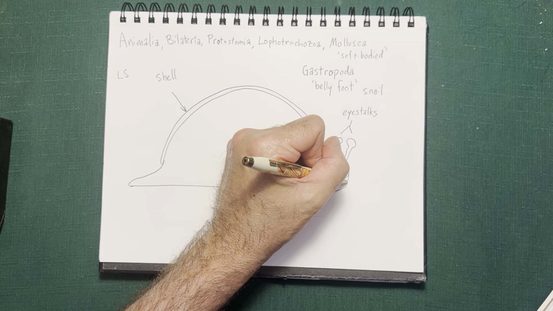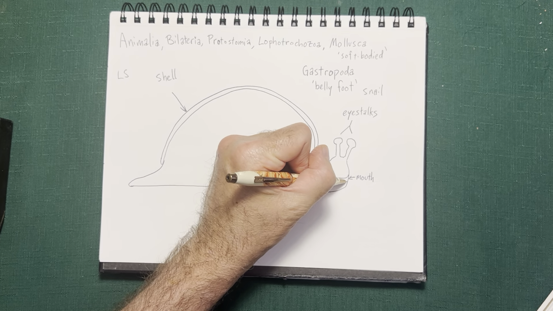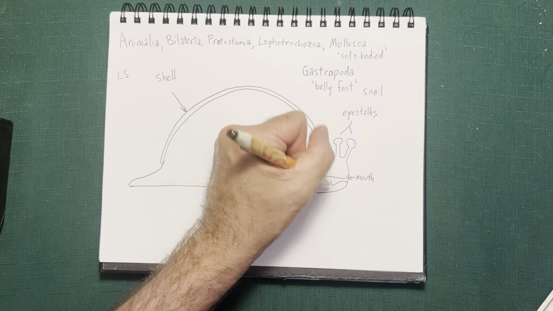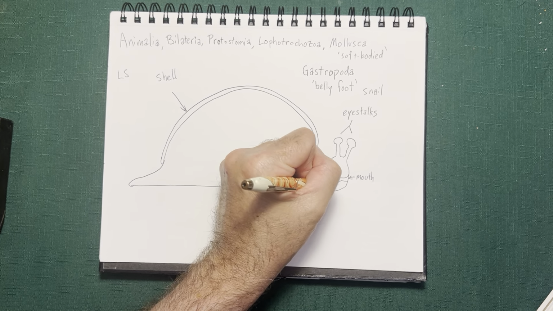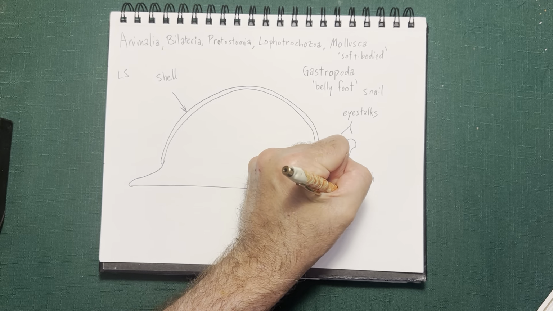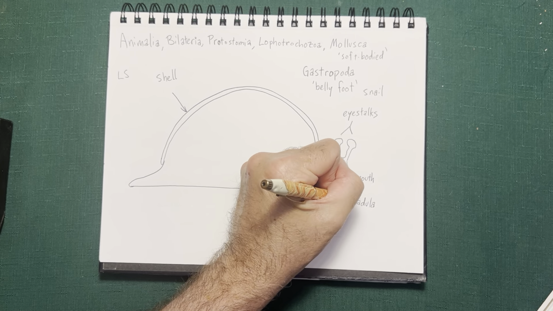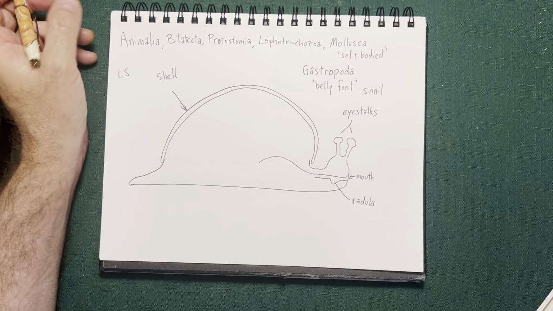Okay, so what we do need to have, so this is going to be our snail's mouth. And inside of the mouth, this is going to be the gut, but inside of the mouth, we find that there is this specialized rasping tongue called a radula.